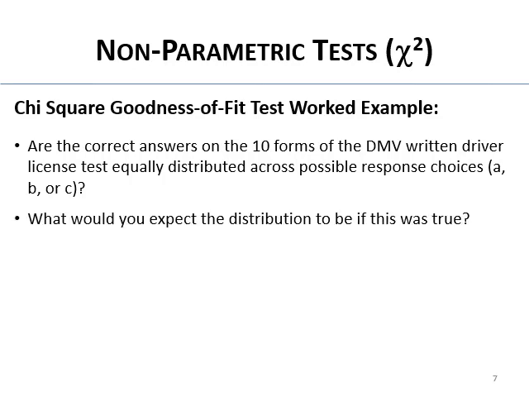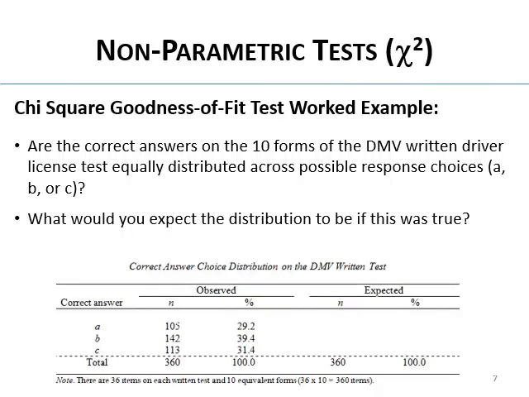So if indeed this was true, that the correct answer, A, B, or C, was equally likely, what would you expect the distribution of items to be across A, B, and C as the correct answer? Well, here's what it actually is. For A, there was 105 of the 360, for B 142, and C 113, and you can see the percentages there, 29, 39, and 31.